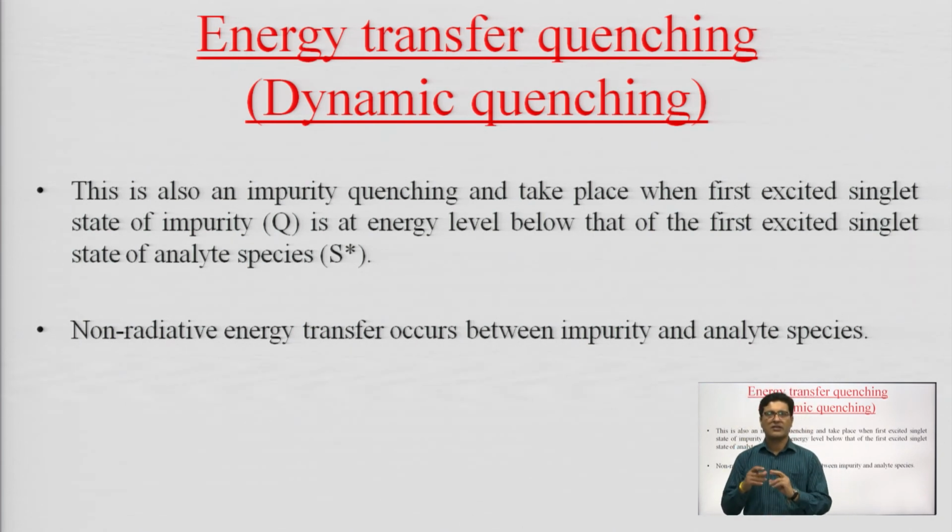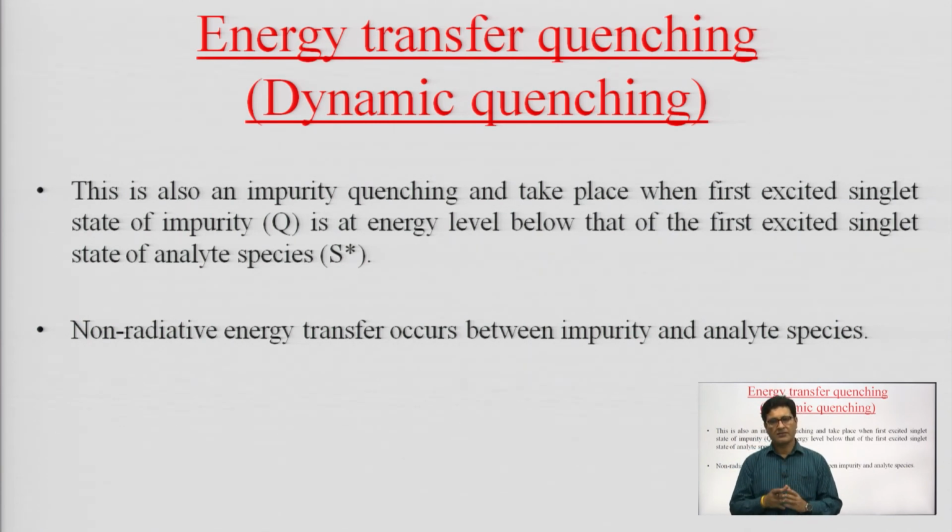So, when the excited state of the impurity and the excited state of the sample are at the same energy level, energy transfer can occur between them, and this may cause the quenching effect. When any analyte sample transfers its energy to the non-analyte or other impurity in the excited state, this is called dynamic quenching or energy transfer quenching.